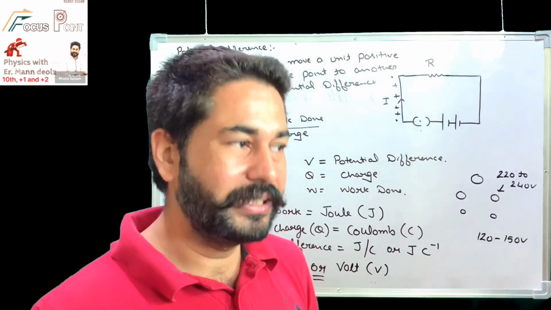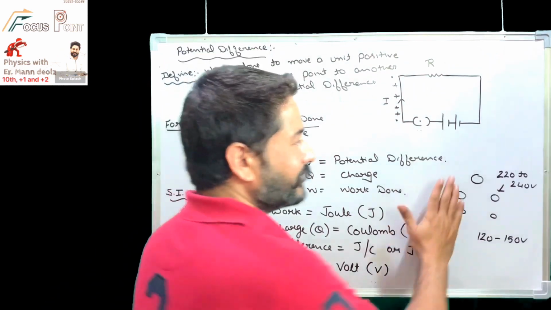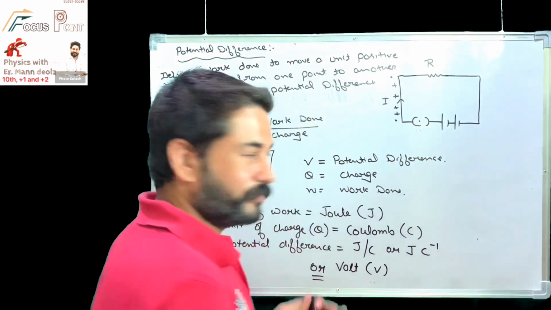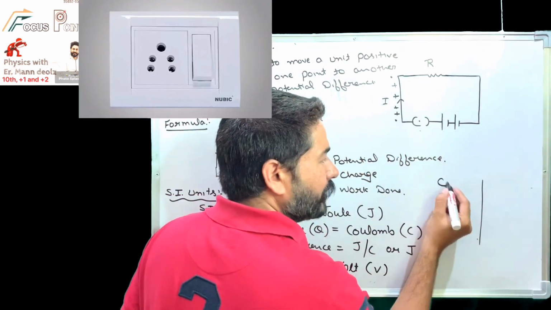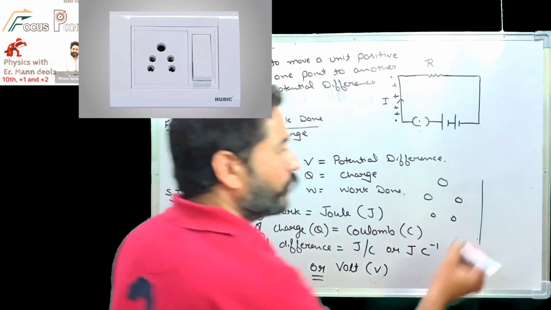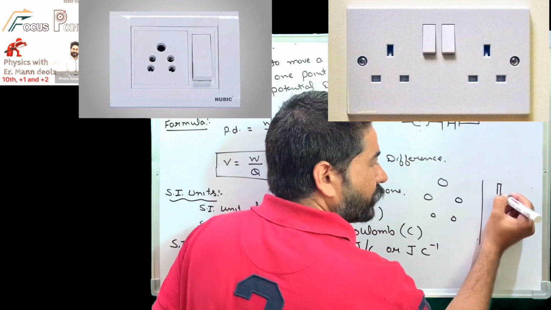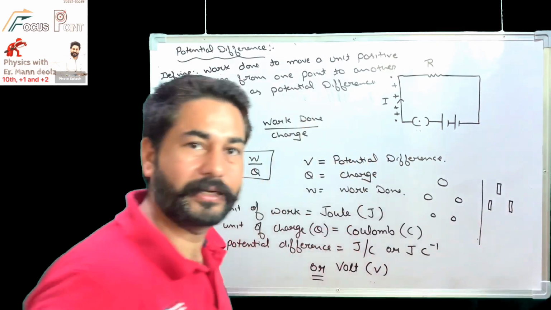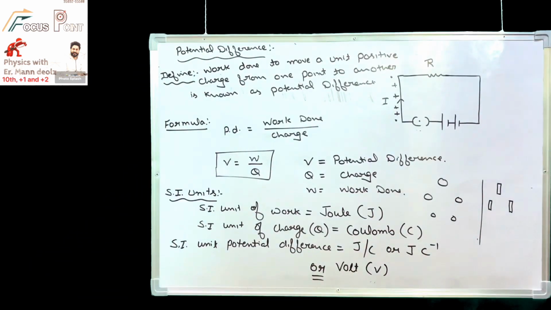To avoid this burning, special methods are adopted by different countries. Like in India it would be circular connections, whereas in a foreign country it would be rectangular. You might have observed this. Let me show you one example.